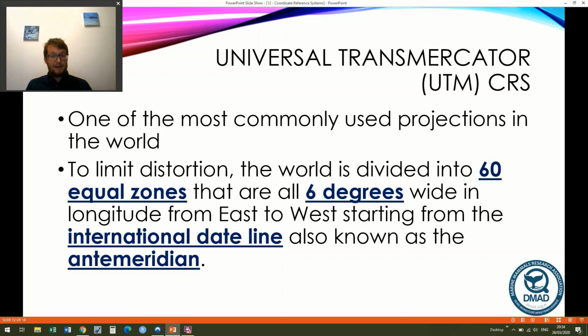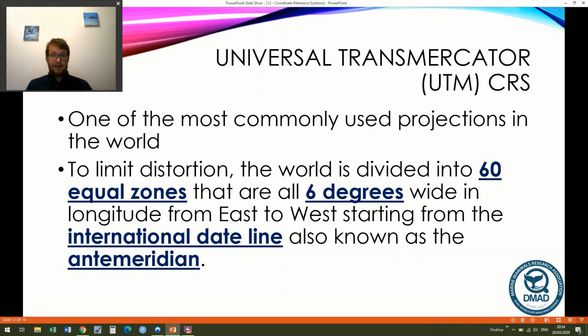The international date line is sort of west of Alaska, east of New Zealand, and it's also known as the anti-meridian.